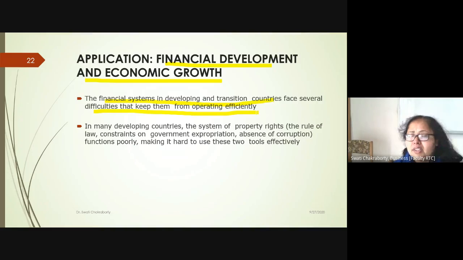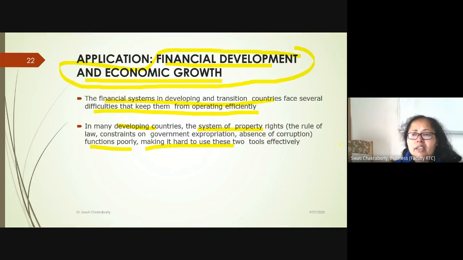So in many of these developing countries, what we find is the system of property rights, the rule of law, the constraints on government expropriation, absence of corruption, they do not function properly. The system of property rights does not function properly, which makes it very difficult to use these two tools. It's very difficult to use these tools quite effectively, right?